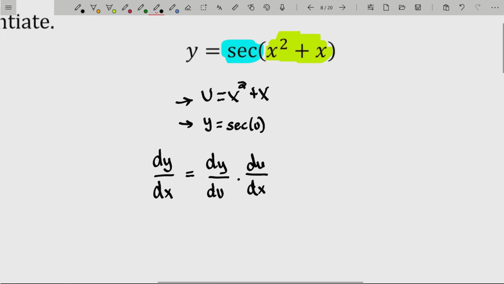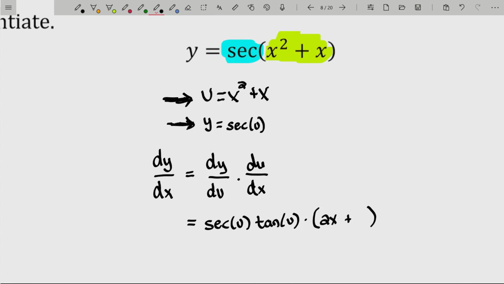The derivative of y with respect to u is secant of u tangent of u times the derivative of u with respect to x. Remember, use parentheses here. It's very important that you take care and use parentheses. So the derivative of that u is going to be 2x plus 1.